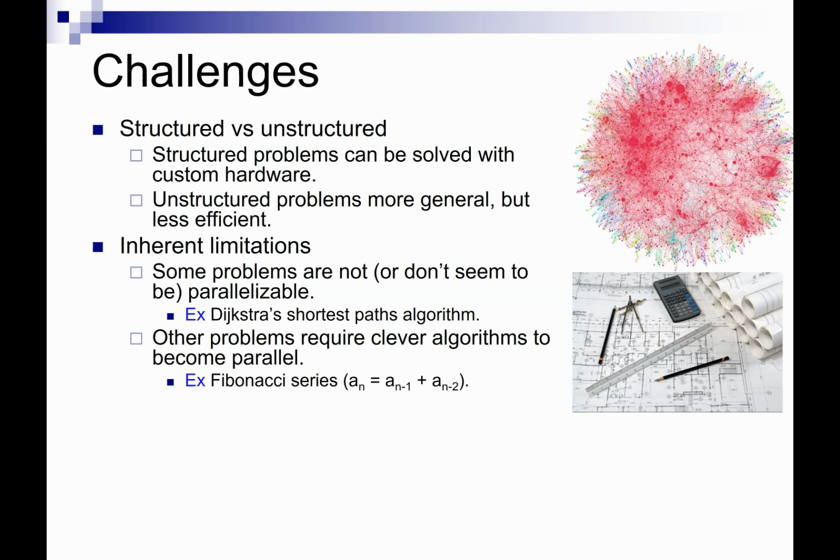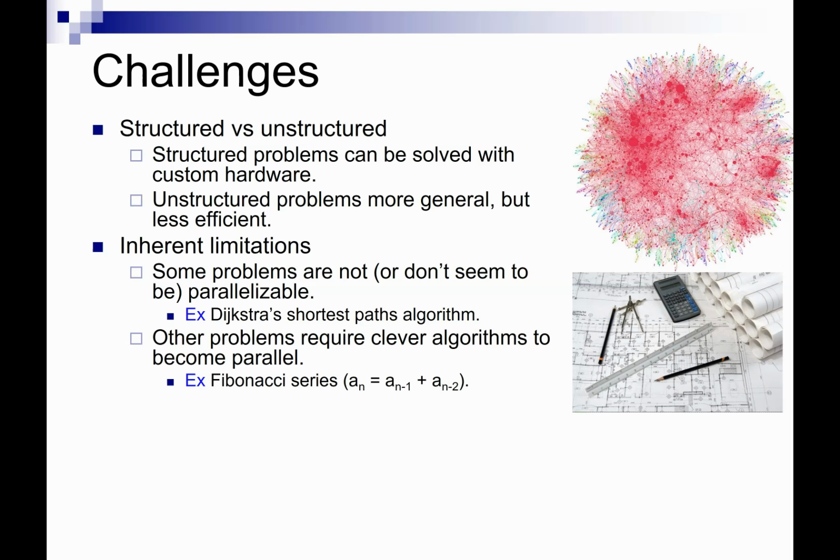So this process looks like it's a sequential process because whenever you want the next number, it seems like you need to know the previous numbers. However, it turns out that if you use a more clever algorithm, you can actually compute the Fibonacci series in parallel.